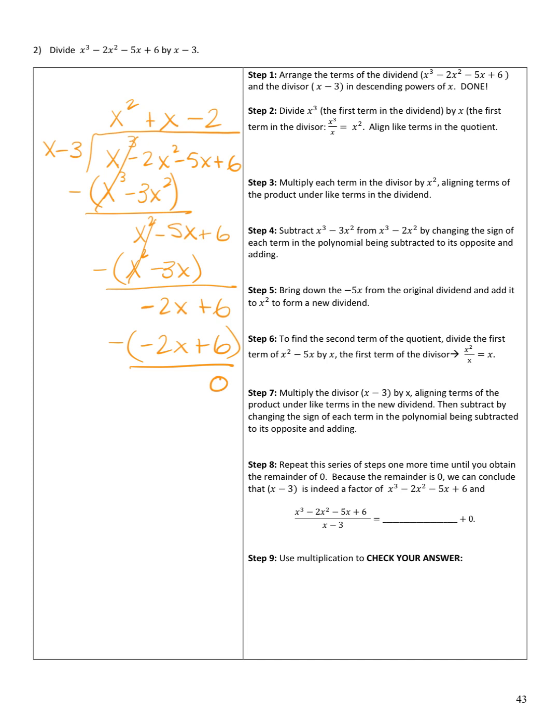So that means that I have rewritten the original cubic function as a product of the divisor and the quotient. So I can say that x cubed minus 2x squared minus 5x plus 6 should equal x minus 3, the divisor, times the quotient.